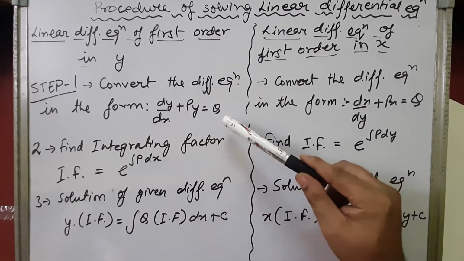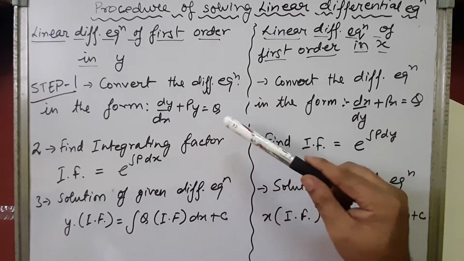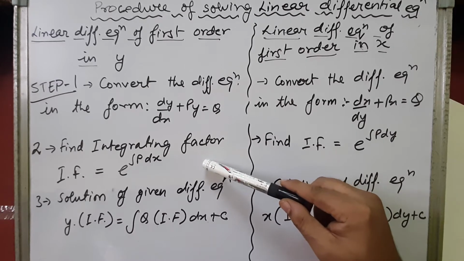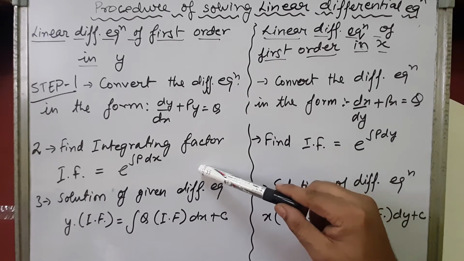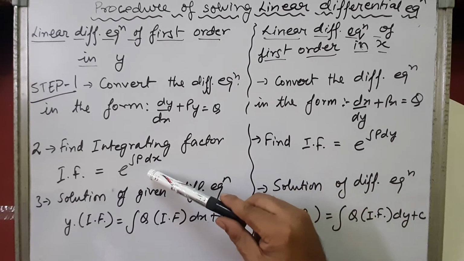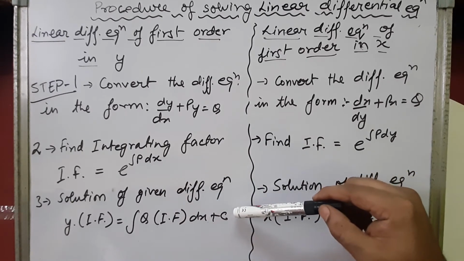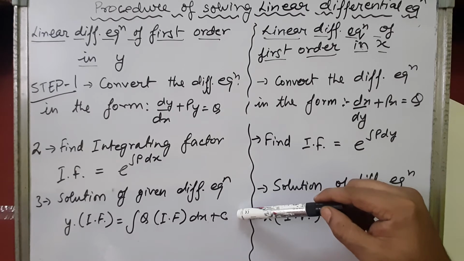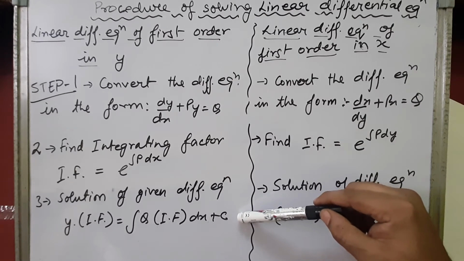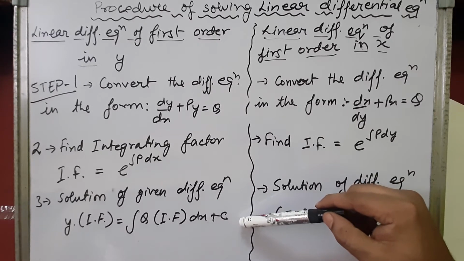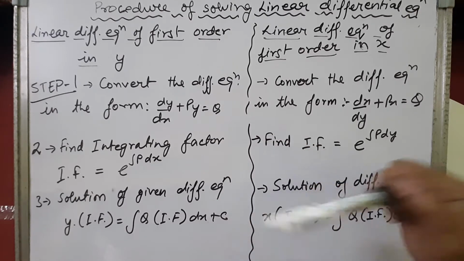From here we can obtain the values of p and q. When we get the value of p, we have to calculate the integrating factor, which equals e to the power integration of p dx. Then we write the solution of the given differential equation: y into integrating factor equals integration of q into integrating factor dx plus c. Follow these three steps.